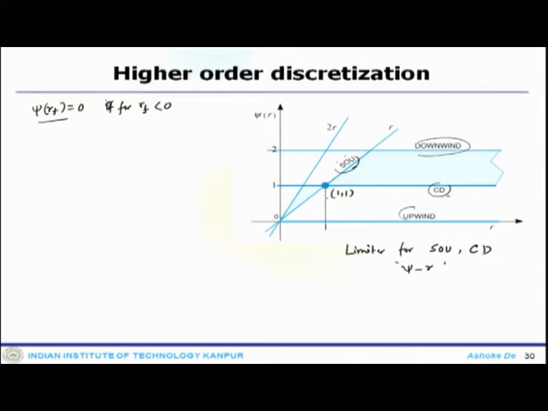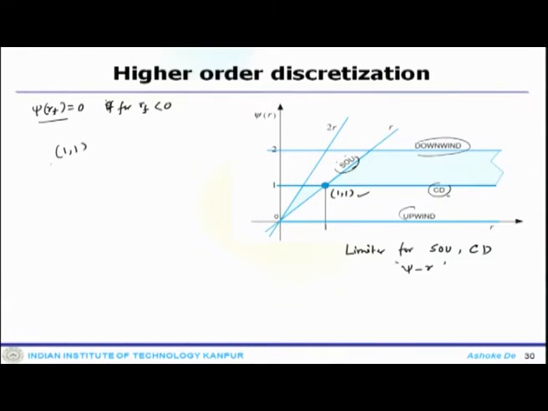So it is very clear that for a scheme to be second order accurate, it has to pass through the coordinate (1, 1), and the limiter should lie in the region bordered by second order upwind and the CD scheme.